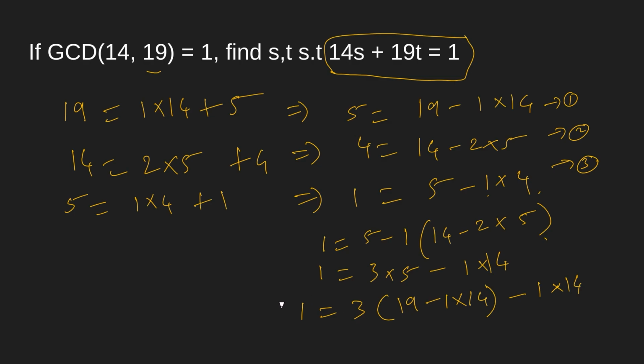From this, 3 times minus 1 is minus 3, and here there is minus 1 times 14, so minus 3 plus minus 1 is minus 4. And 3 times 19 stays as 3 times 19. So we get 1 is equal to 3 times 19 plus minus 4 times 14.